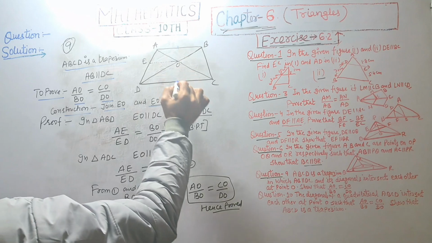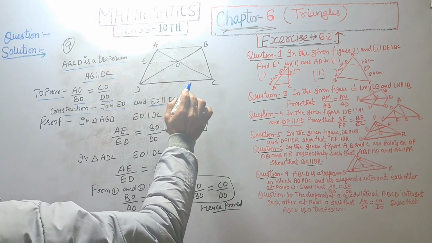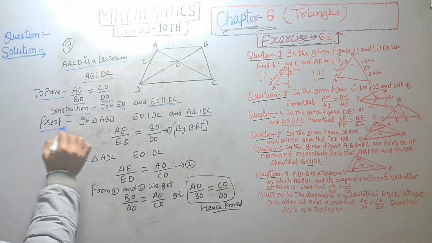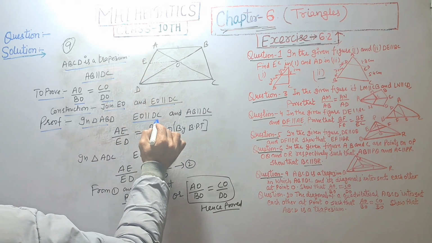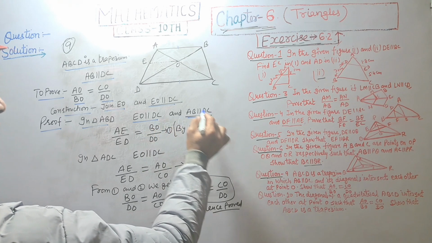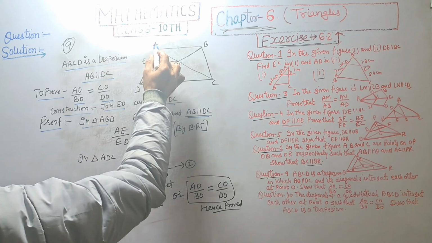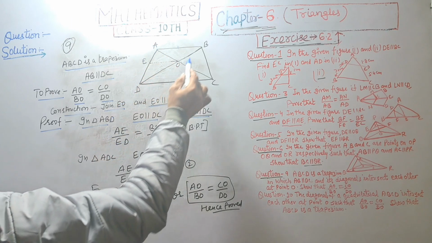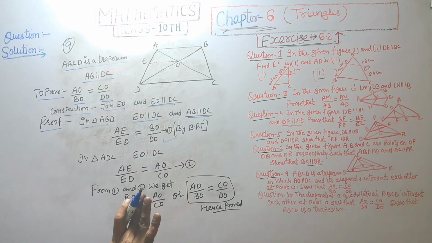AB is also parallel to DC. Proof: in triangle ABD, EO is parallel to DC and AB is parallel to DC. By BPT, AE upon ED is equal to BO upon DO. It's equation number first, by basic BPT.